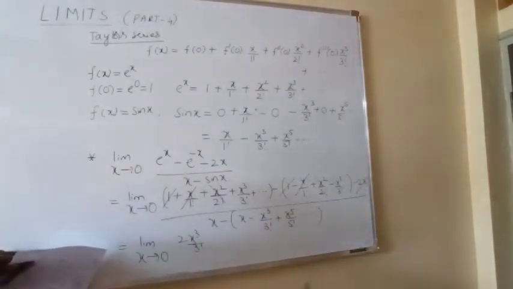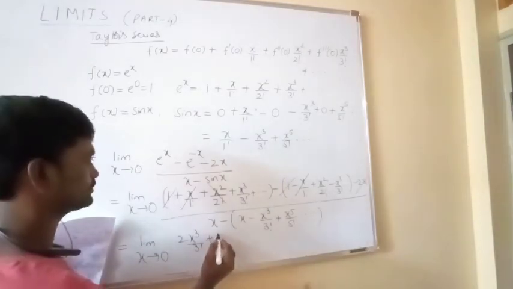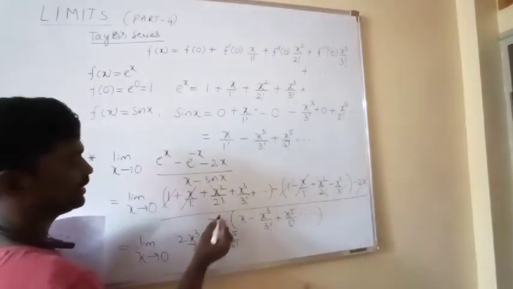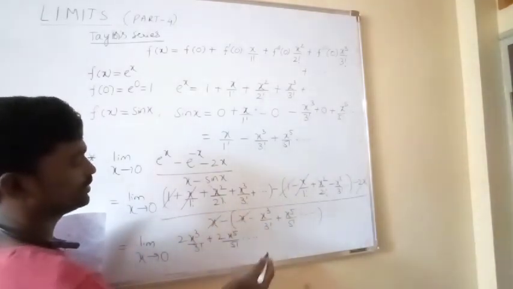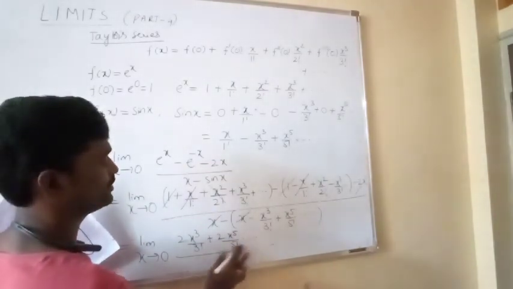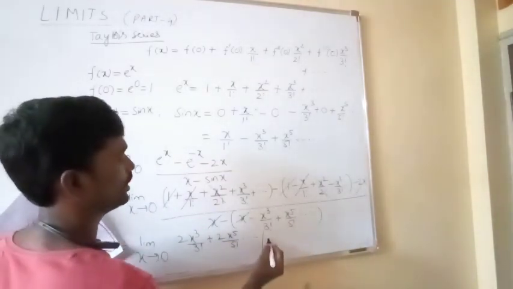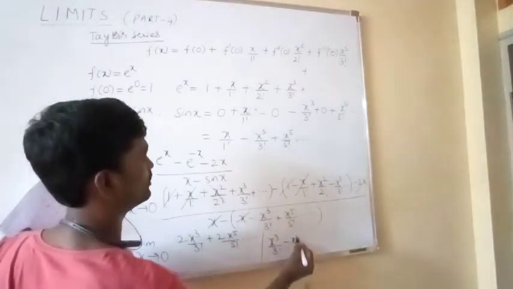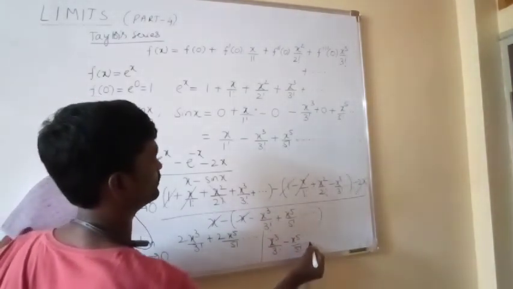Next you will get 2 times x power 5 by 5 factorial, and so on. Here x gets cancelled. In the denominator, what are you getting? x cube by 3 factorial minus x power 5 by 5 factorial, and so on.